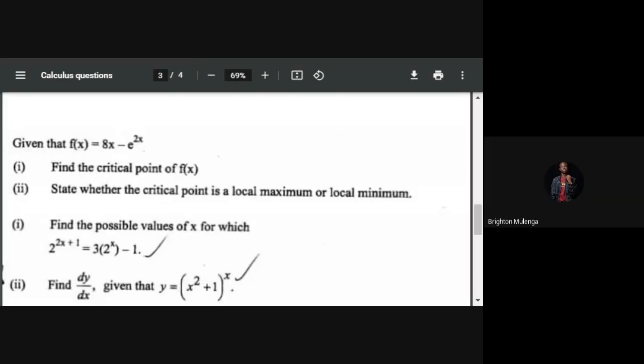Since it is saying 2 to the power 2x plus 1, I was thinking they were multiplying 2 to the power 2x times 2, since a number without a power has a power of 1. So that was my thought there.